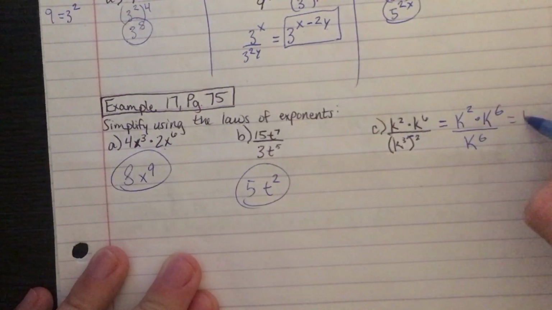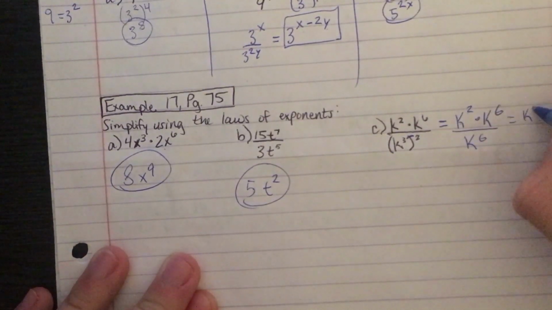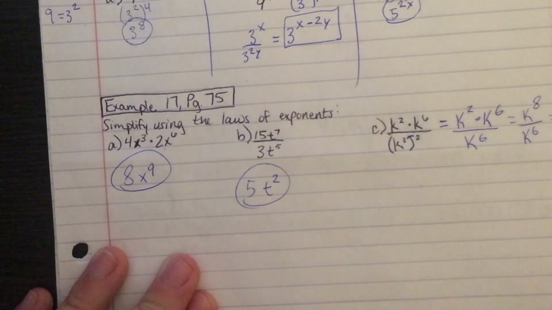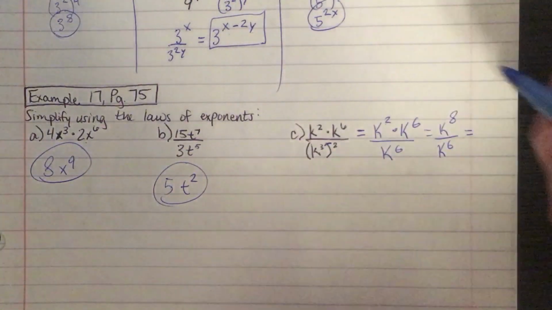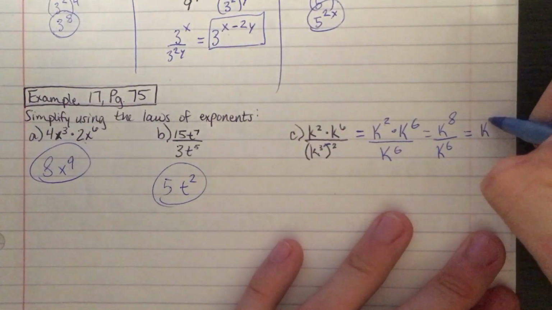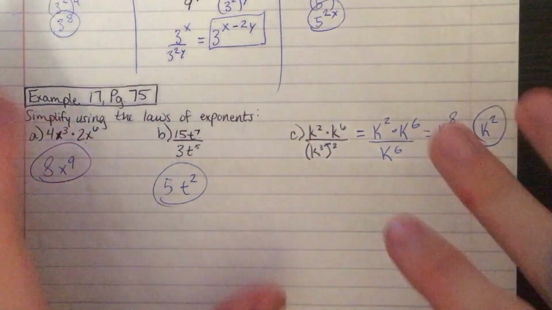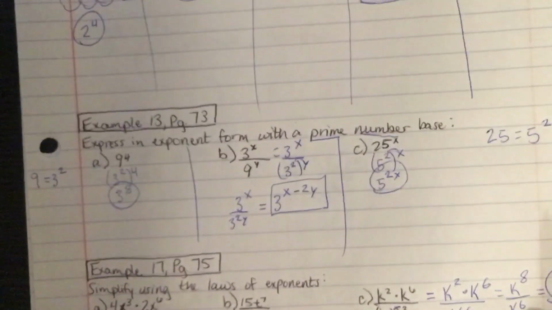That's going to give me k, so let's see, 2k's times, okay, I'm multiplying 8 in total over k to the 6th. And then from there, if I've got k to the 8th over k to the 6th, that means 6 of those will cancel out to give me k squared. So again, just some pretty straightforward exponent work there.